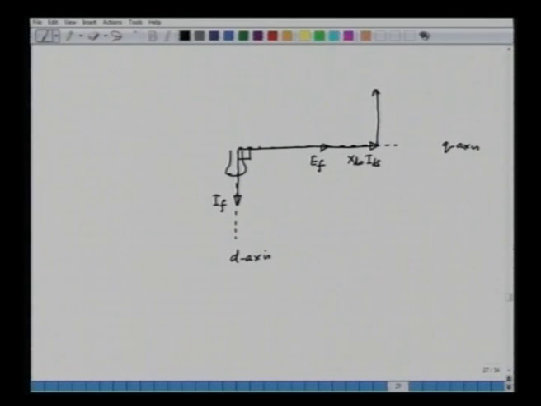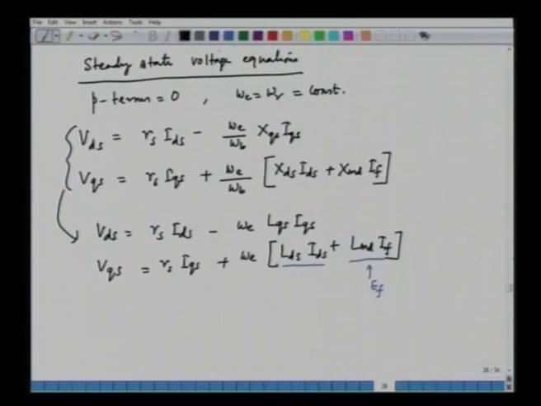So, this is basically the d axis drop. If you see, this is our d axis equation. In the d axis, the induced EMF is minus omega E into LQS into IQS. So, this component of the induced EMF will be in the negative d axis.